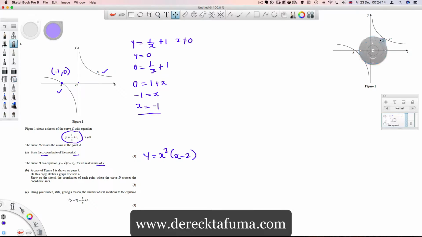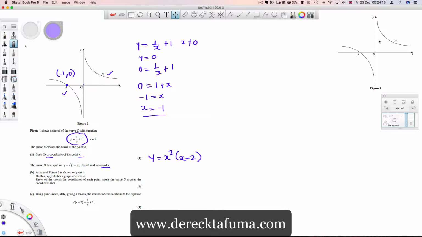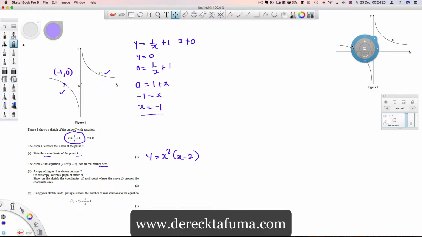Let's bring this one here. Everything is moving. Okay, we'll just leave it there. So there it is in this corner. Show on the sketch the coordinates for each point where D crosses the coordinate axis.